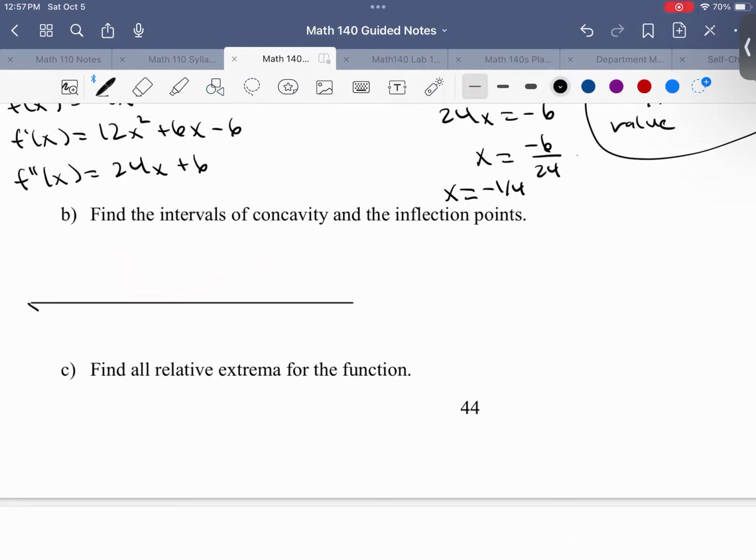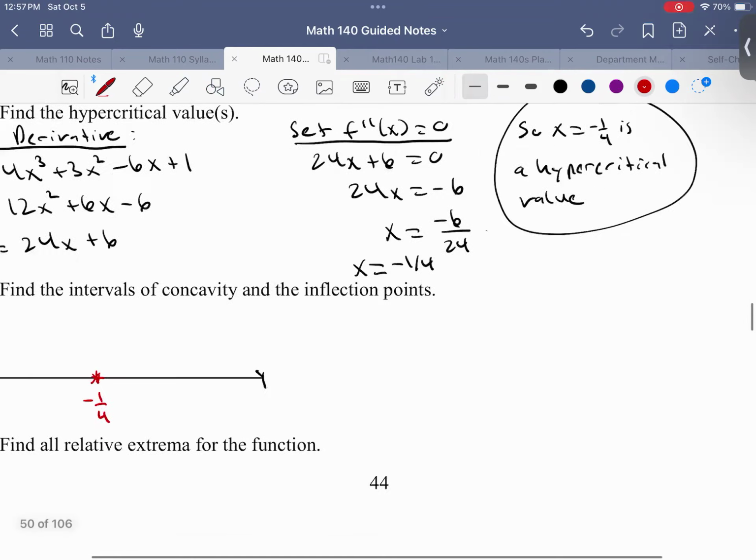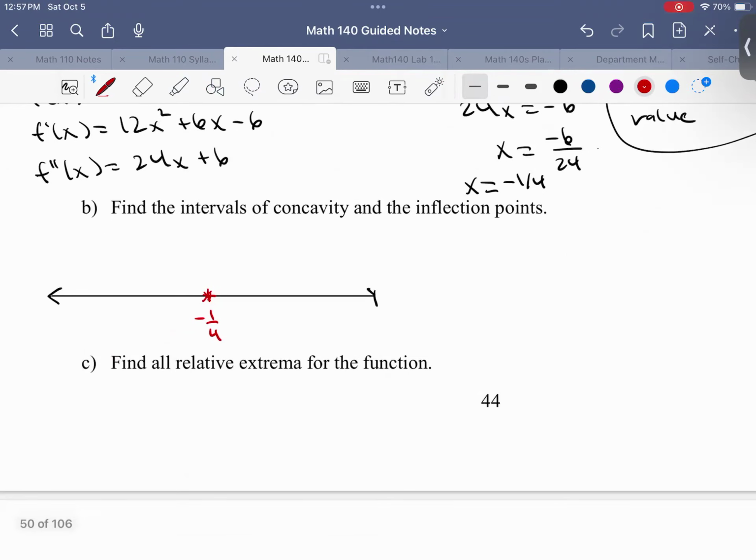All right, I'm only testing out a couple things, right? My hypercritical value is -1/4, right, from up here. So I'm just going to pick some numbers to the left and right of it that are easy to work with. So to the left of it, -1, and I'm going to pick 0 because 0 is just really easy to work with, and also 1.